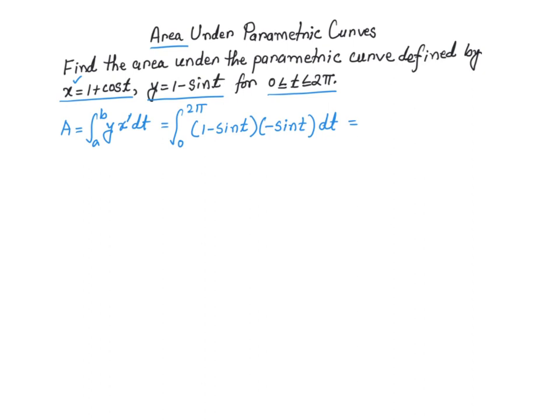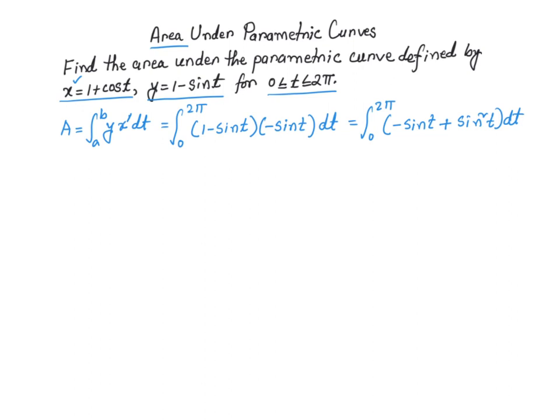Now if I simplify it, I get integral 0 to 2 pi of negative sine of t plus sine square of t dt.